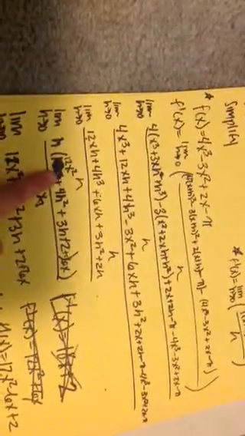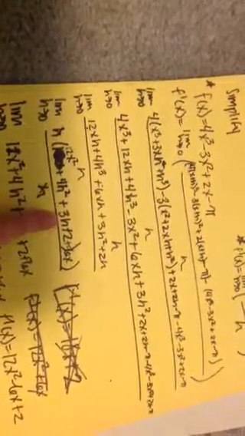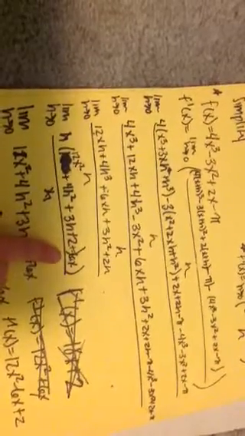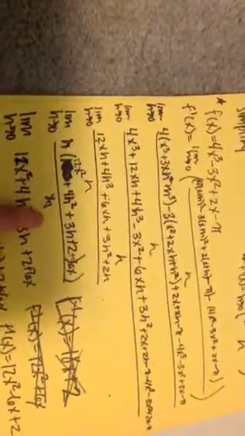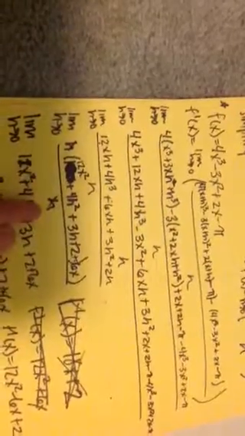factorize it. So what I did is I took an h out, and then I got 12x squared plus 12xh plus 4h squared minus 6x minus 3h plus 2. And there's an h in front of it, and you divide by h, and these h's can cancel out.